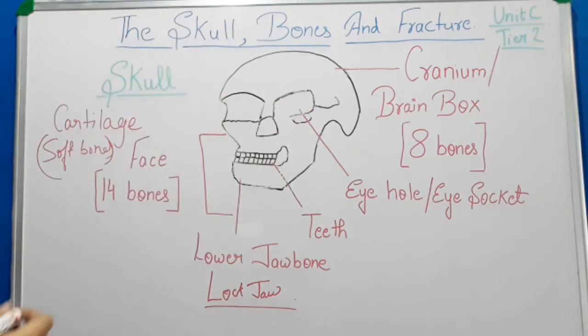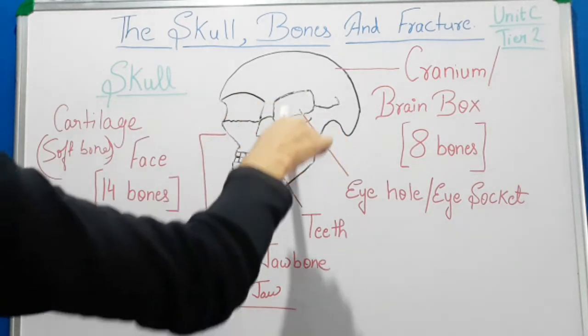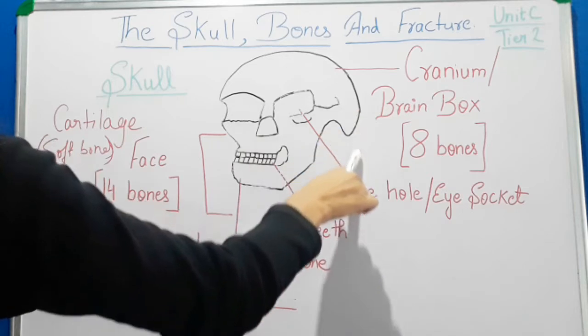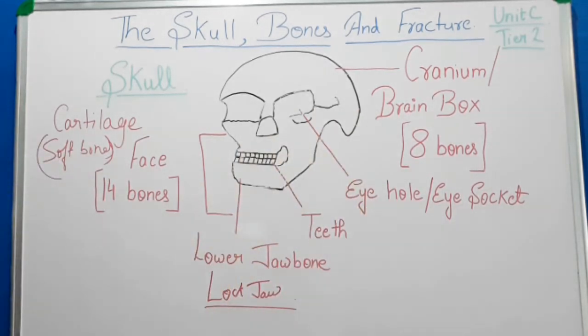That is why the skulls of skeletons have no nose and ear bones. See, this is the nose part and there is the part of the ear. So there are no bones.